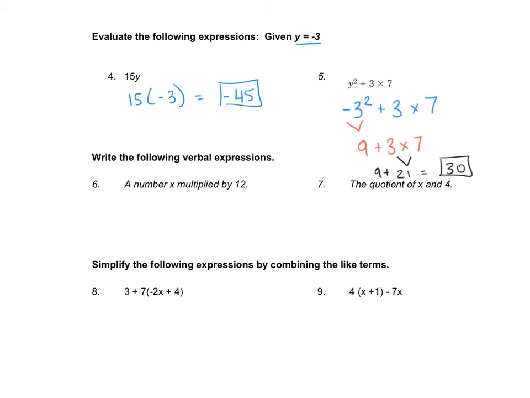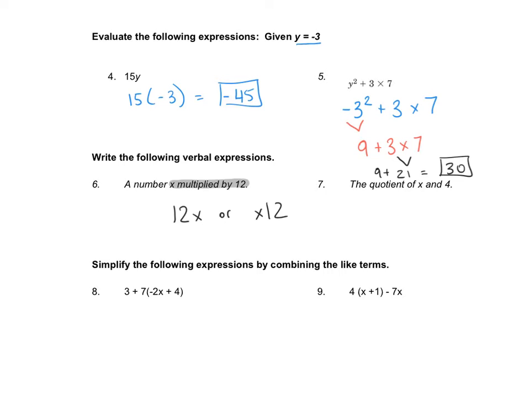My next one, if I'm looking at these expressions, I need to write them down. So a number x multiplied by 12 is just going to be 12x, or you could have written x12. Remember, we don't need that multiplication sign anymore.